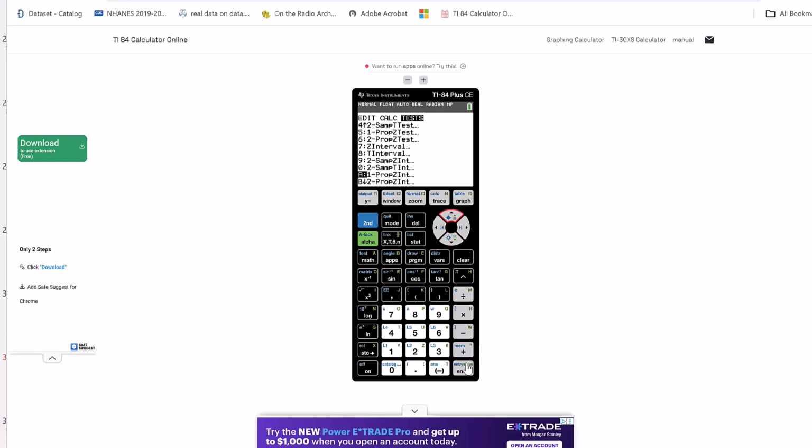So x is 190, because 190 people favor the candidate, right? And the sample size is 300, and the confidence level you want is 0.95, right?